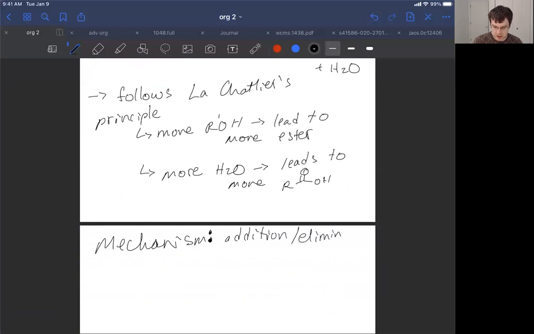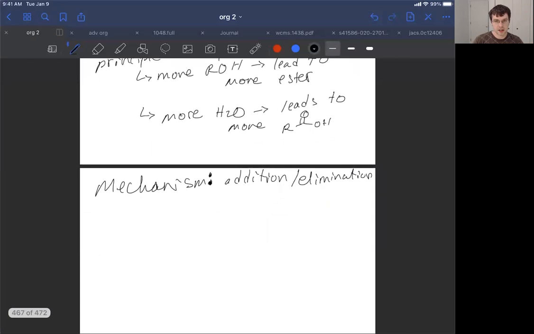So we're going to be talking about this a lot. This is kind of a fun part about this last unit, is there's a common mechanistic theme, sort of like what we saw with the electrophilic aromatic substitution reaction, where one overarching mechanism governs all of the mechanisms. It's a little bit easier to understand and follow and predict.